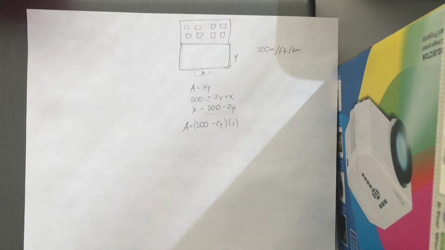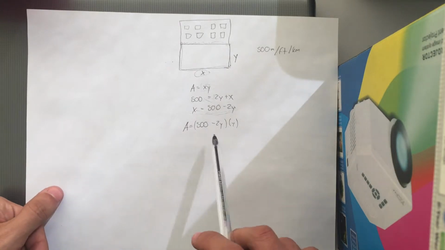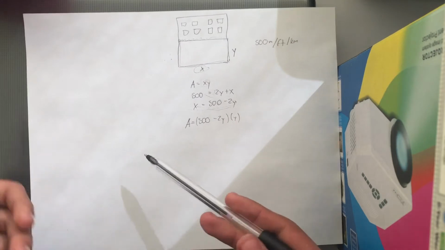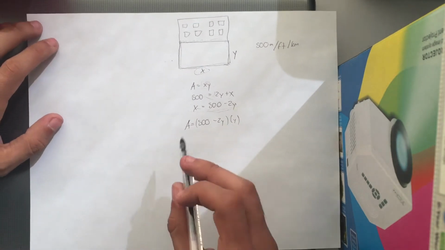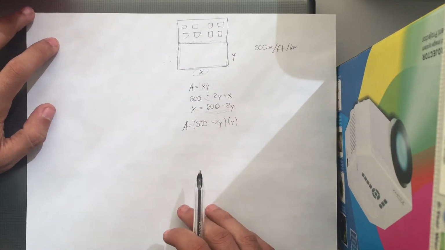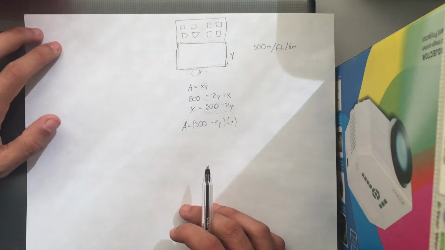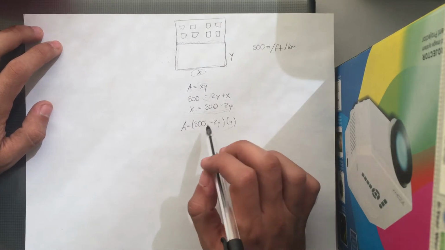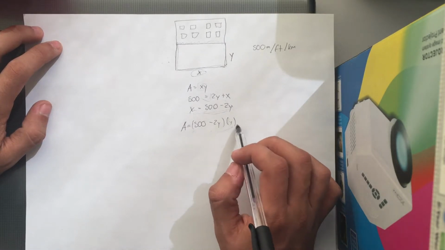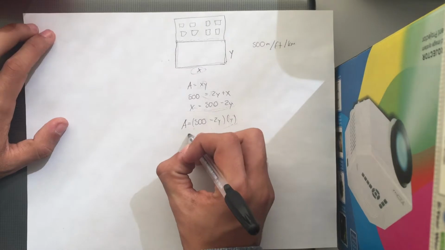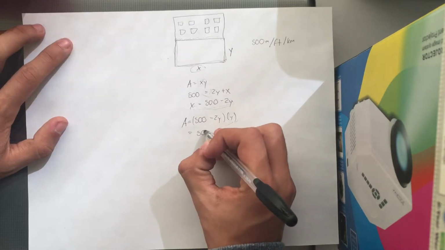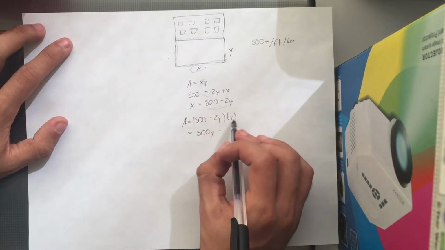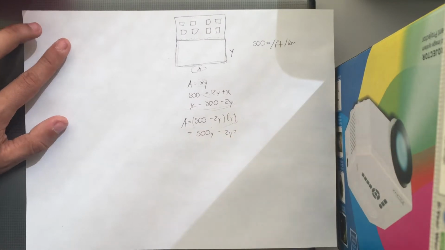So, as your last resort, you need to multiply. This is a binomial times a single term, so it's easy. So 500 times y, 500y, minus 2y times y, 2y squared.